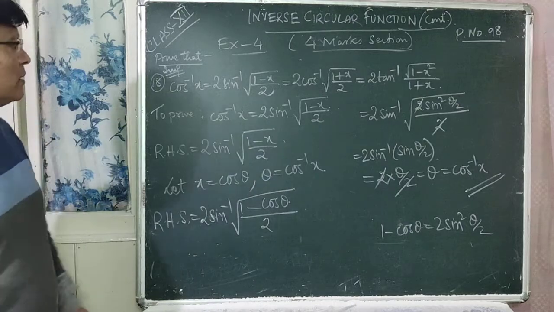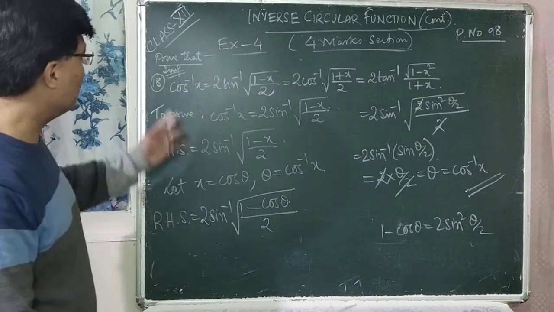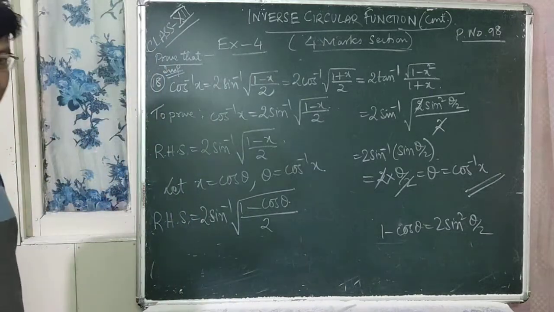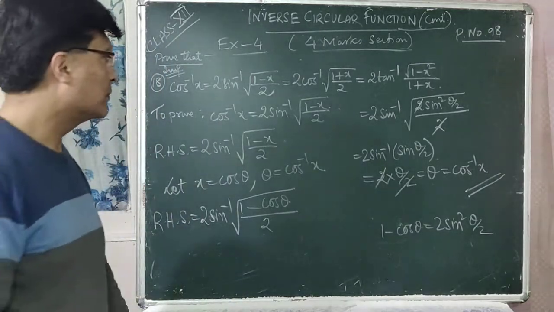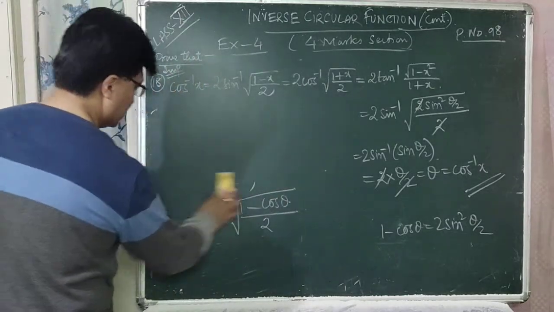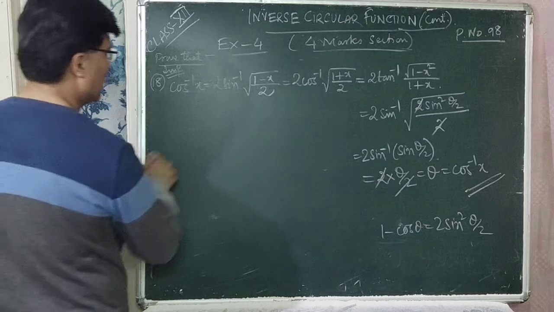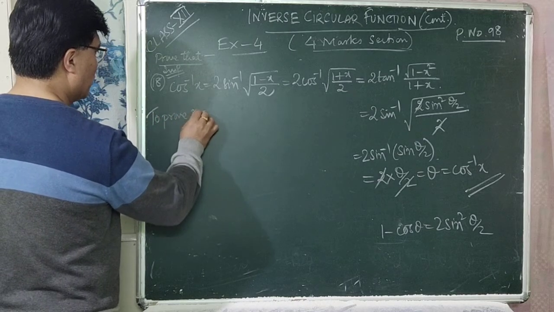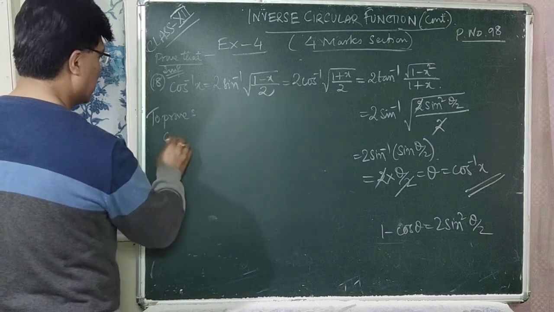Is that clear? Similarly, you can prove first is equal to third. Right? So let us prove it now. So we have understood. Now let us prove, now you will prove first is equal to third, right?